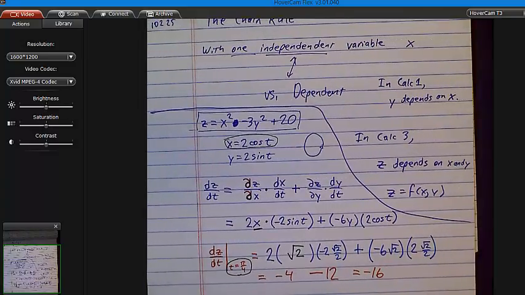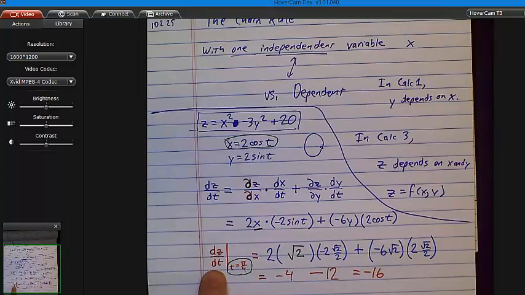Okay. How the heck do I interpret this geometrically? Well, I guess as time goes by, z is decreasing. Well, it's decreasing when t is pi over 4.